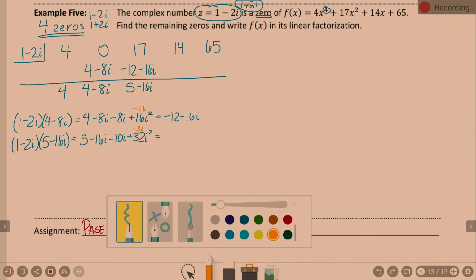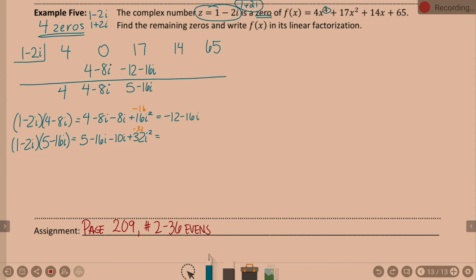What do you end up with? I'm flip-flopping it, sorry, but the pieces are there. 5 plus 32i squared. So 5 minus 32 is negative 27. Minus 16i and negative 10i is negative 26i.